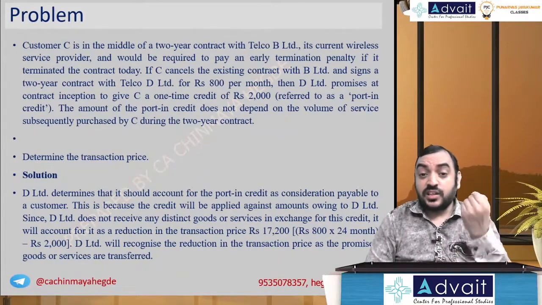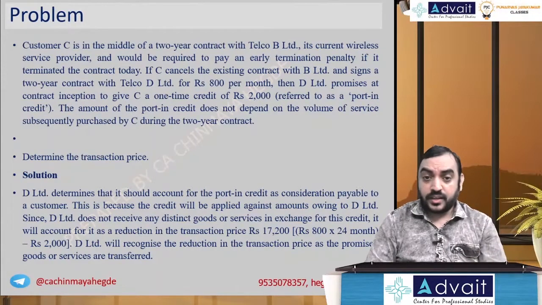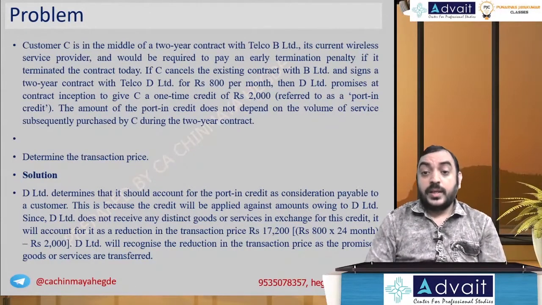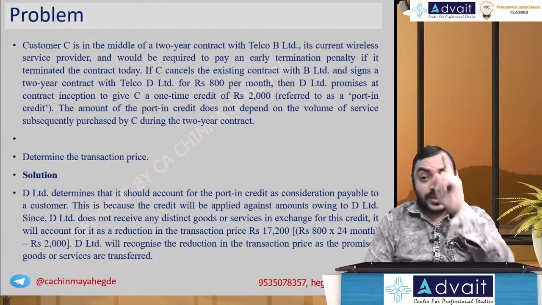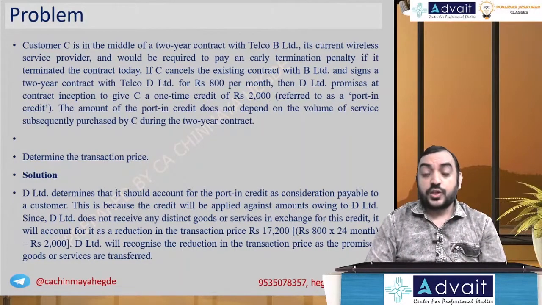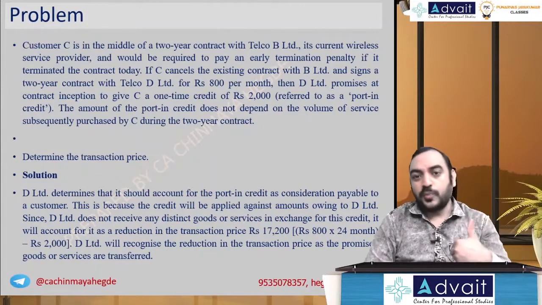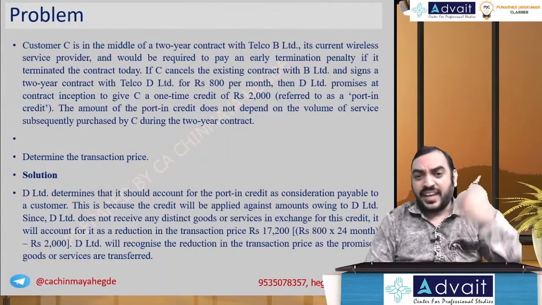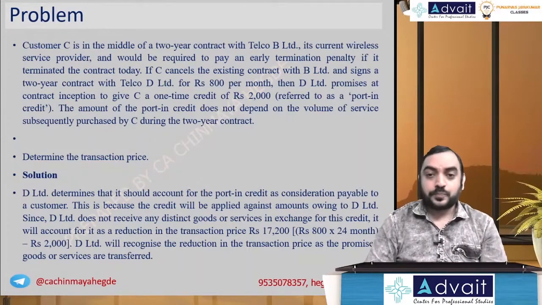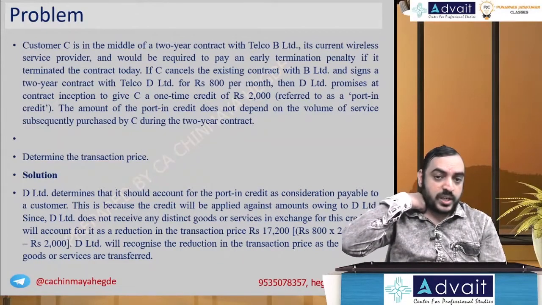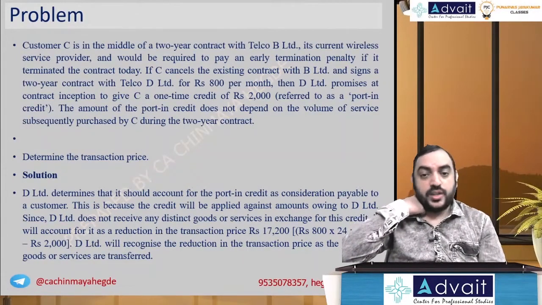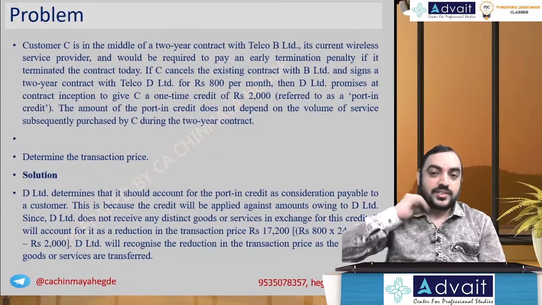If C cancels the existing contract with B Limited and signs a 2-year contract with Telco D Limited for 800 per month, D Limited promises at contract inception to give C a one-time credit referred to as a port-in credit. Basically, you come to me, I'll give you some amount, any penalty you can pay to them. That's what they say, port-in credit. The amount of port-in credit does not depend on the volume of service subsequently purchased by C during the 2-year contract.